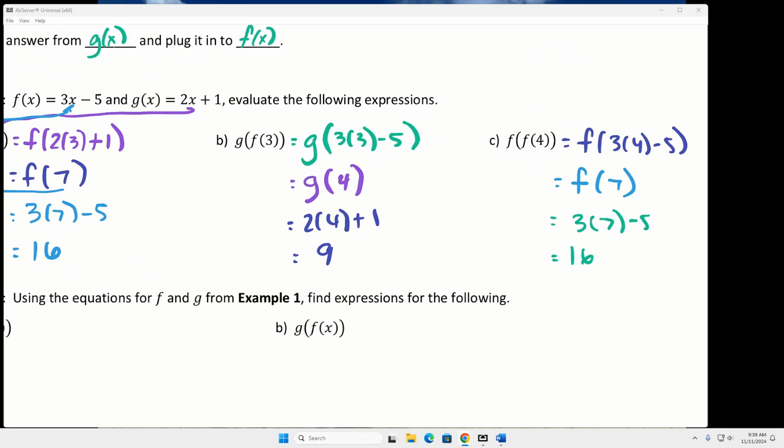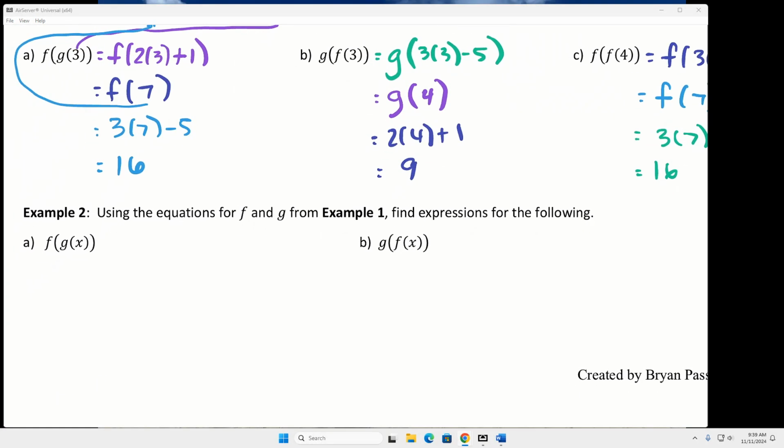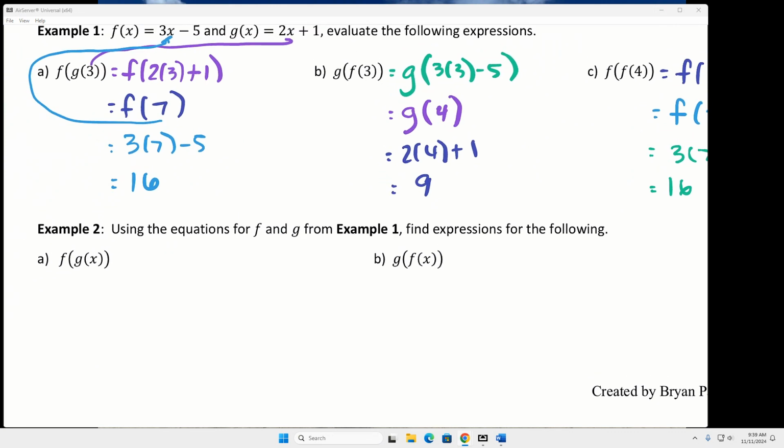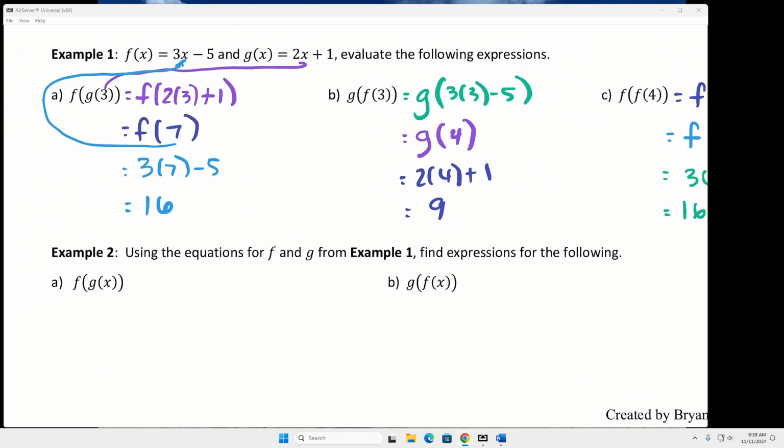Okay. Alright, so did you guys do some like the next one where x was x instead of a number? Maybe? Okay, and so it's definitely more challenging. You have to use more algebra, but it's the same idea. So we're using the same f and g from example 1. And so I kind of do the same thing.